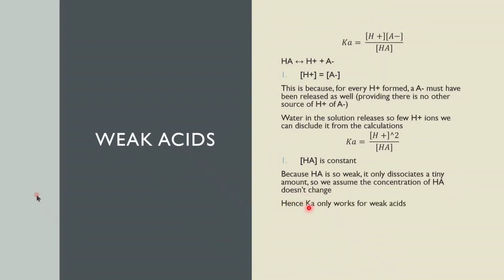So hence, our acid dissociation constant, our Ka, only works for weak acids because we know with strong acids the concentration of our strong acid definitely changes because the reaction will go to completion, leaving us with no original acid left. So that is why Ka only works for weak acids, because we have to assume that the concentration of our weak acid doesn't change significantly.